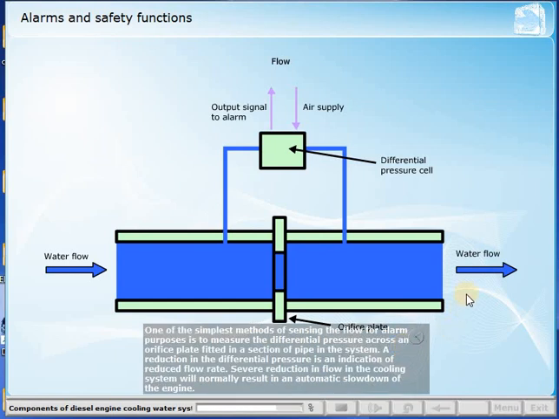One of the simplest methods of sensing the flow for alarm purposes is to measure the differential pressure across an orifice plate fitted in a section of pipe in the system. A reduction in the differential pressure is an indication of reduced flow rate. Severe reduction in flow in the cooling system will normally result in an automatic slowdown of the engine.